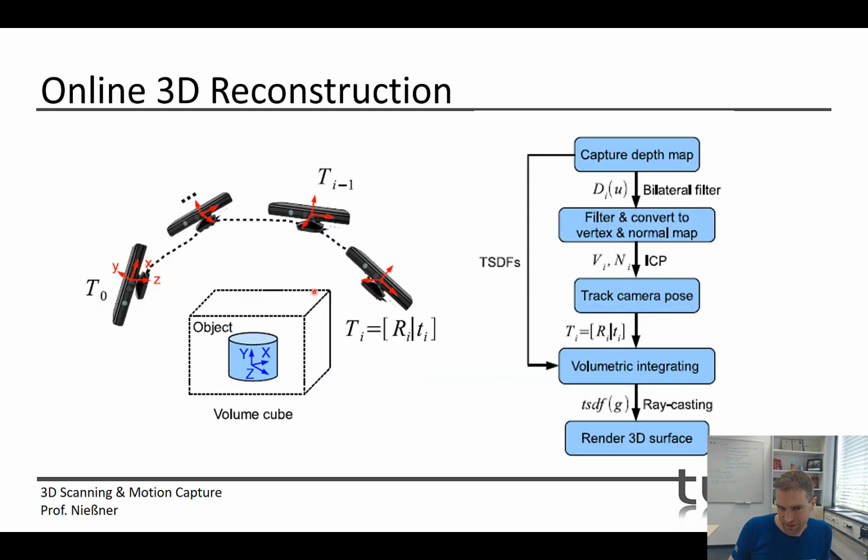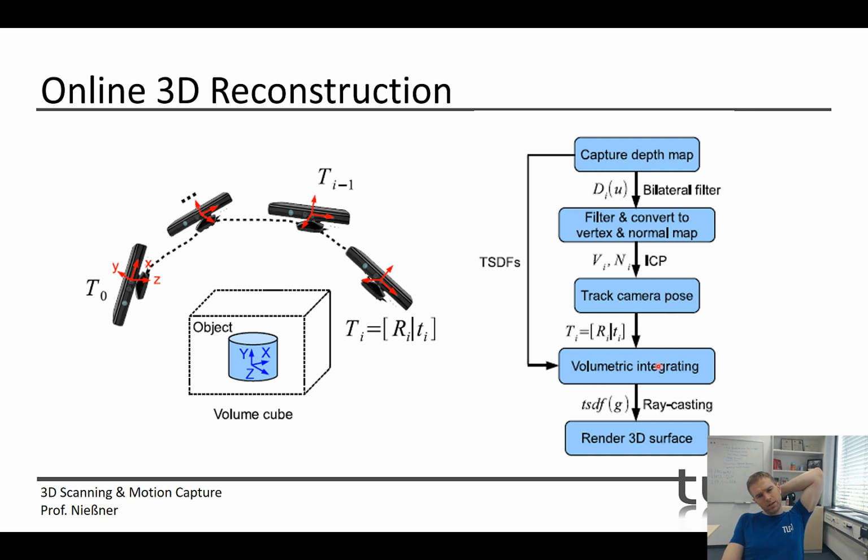let's look at it again. Same idea, right? So we have connected poses T0, T1, T-1, and so on. So we are scanning with this Kinect. What we're doing right now is we capture the depth map, we filter it a bit, we have a bilateral filter, we track, we compute a camera pose of the current depth map with respect to the existing model.